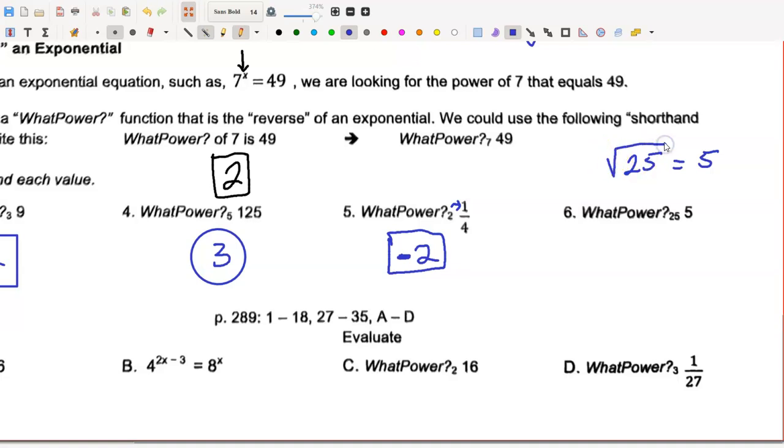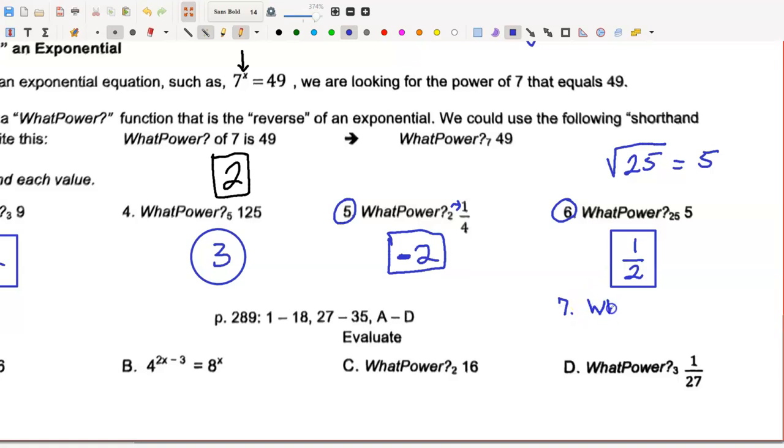Square root, which is what power? 1/2. That's another one that's not quite intuitive. So when I have a big number and I'm taking it down to a small number, often that means the exponent is a fraction. So these two, 5 and 6, are the ones that you really want to be thinking about, because it's not quite as intuitive, right? And I'm going to throw in one more problem.